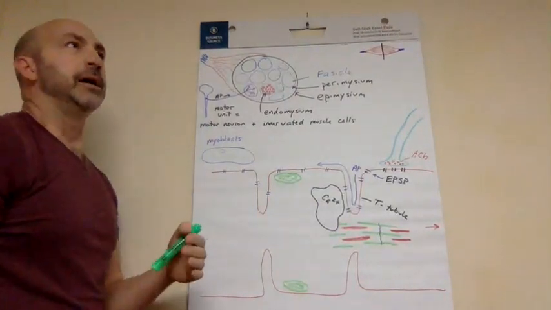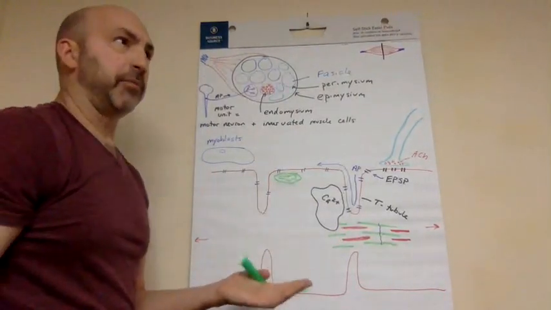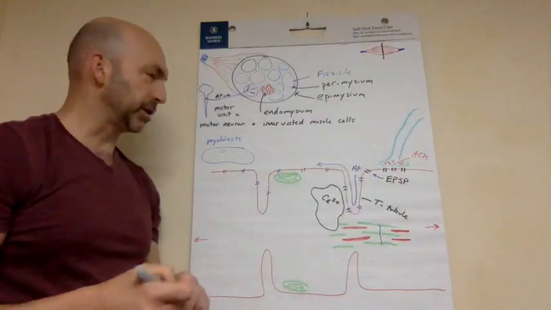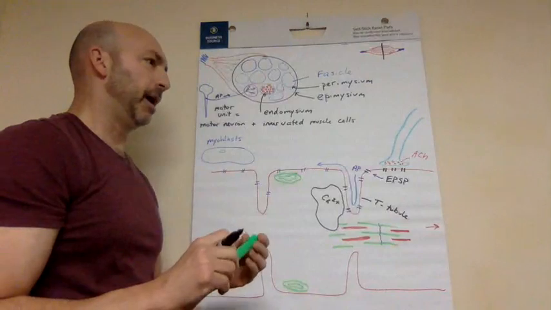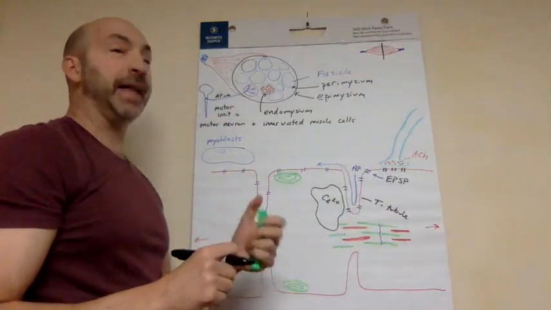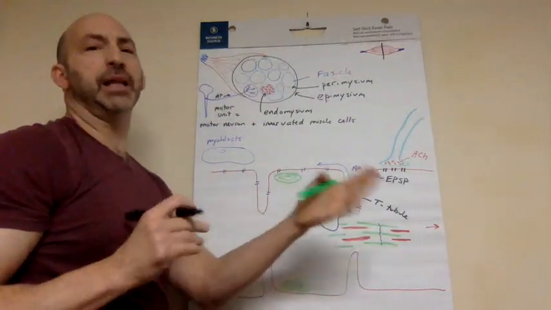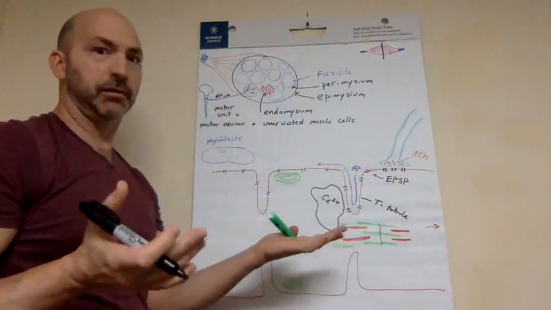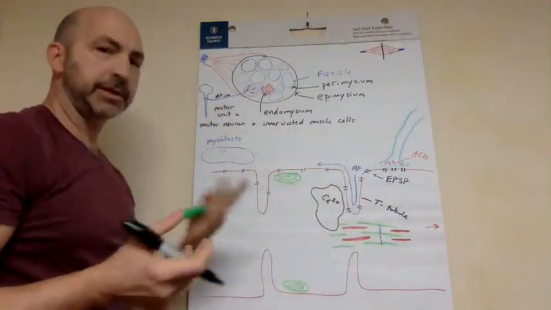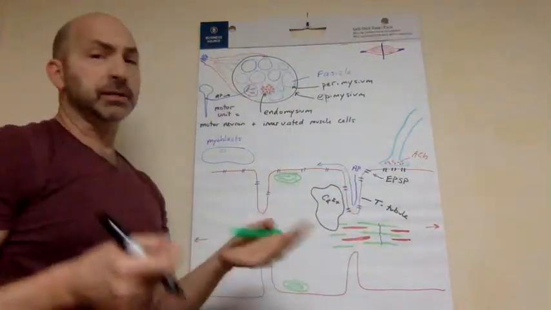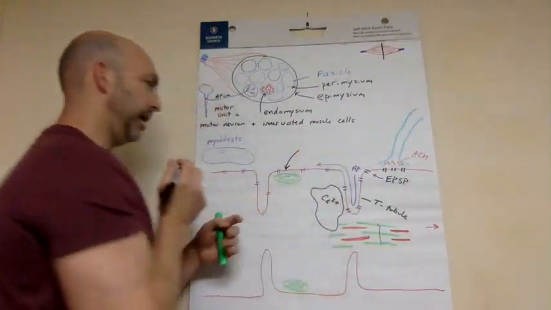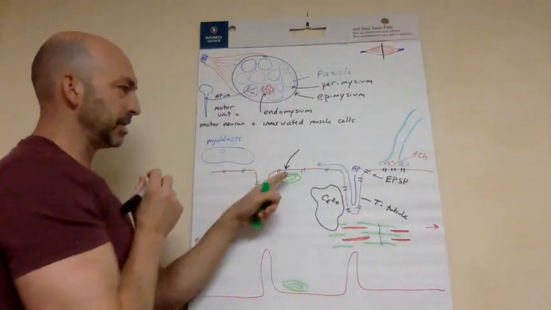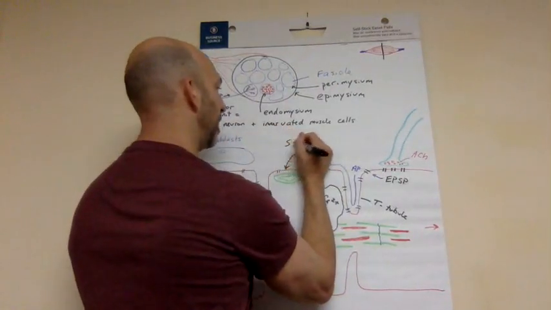In other words, we don't just call it the cell membrane in a muscle cell. We call it the sarcolemma, and that's the specific name. The more generic name is plasmalemma. That means plasmalemma and cell membrane are the same thing. It's sort of like the fancy term for cell membrane. And so you can say muscle cell membrane, but oftentimes you might hear me say and read it, the muscle cell membrane called the sarcolemma.